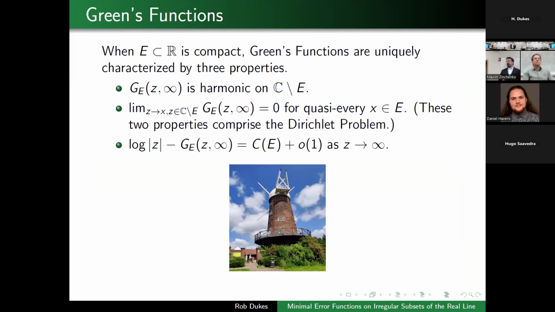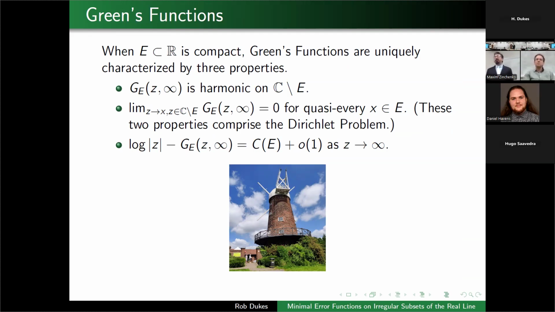First off, it's going to be harmonic everywhere except for E. Second, the limiting property. If we take the limit towards E, we're going to get 0 for quasi every x in E. That quasi every will be important, which we still haven't quite defined, but it means most of it.